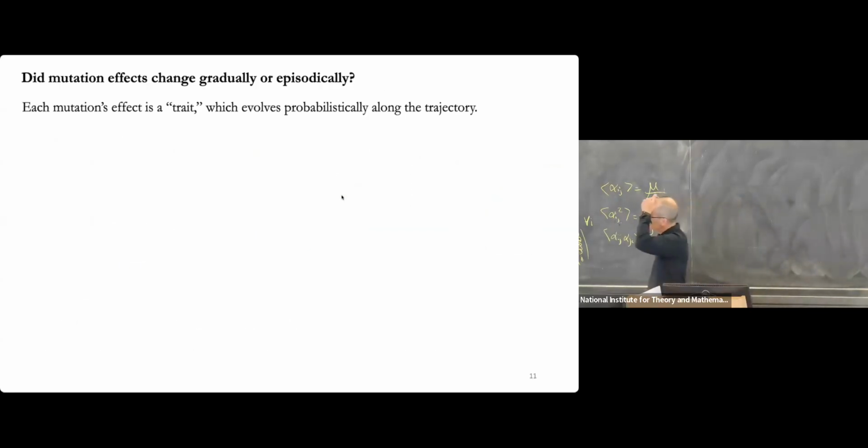So are these changes gradual or episodic? And this can tell us something about the underlying architecture. So we used classical approaches in evolutionary biology, where the effect of each mutation is treated as a trait, and it can evolve probabilistically along a trajectory, and we can fit different models to the process of change.